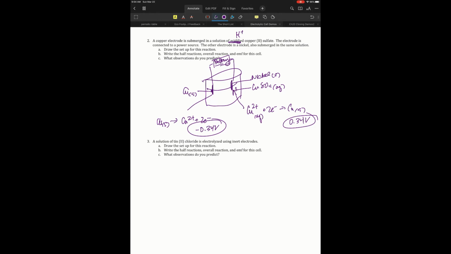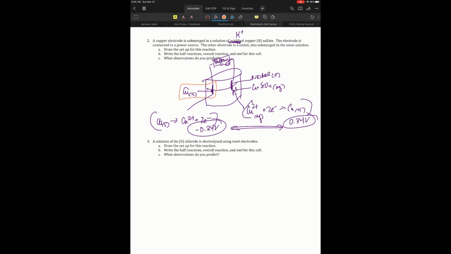Does that make sense? So the overall net reaction would just be the sum of these two together. The sum of these two, which is 0, would give us our overall cell voltage. And so our observations help us to predict what would happen.